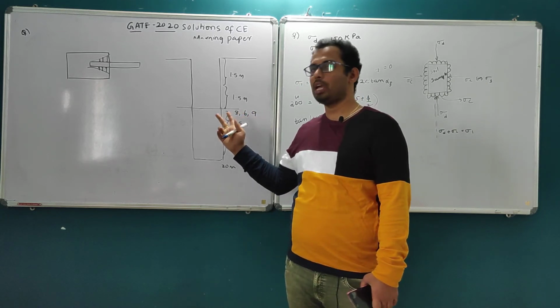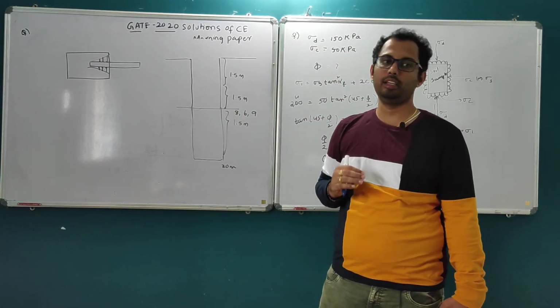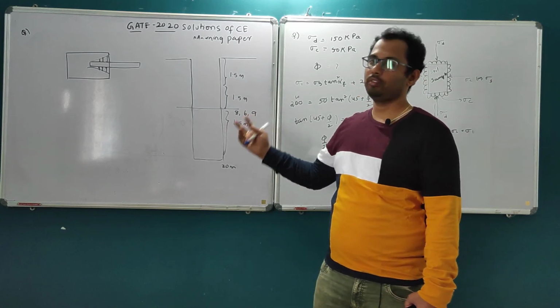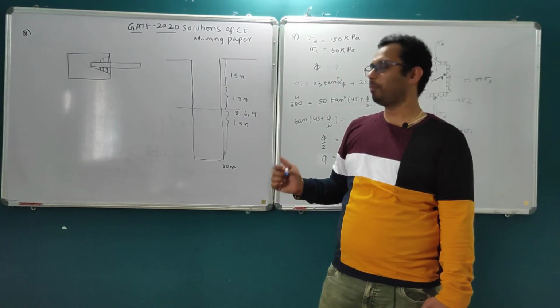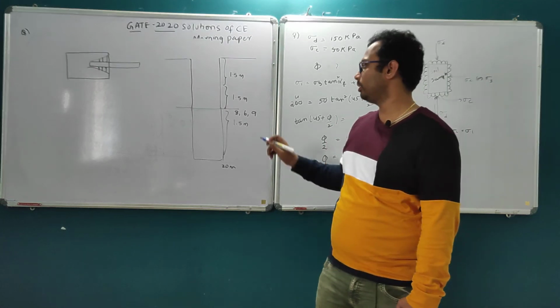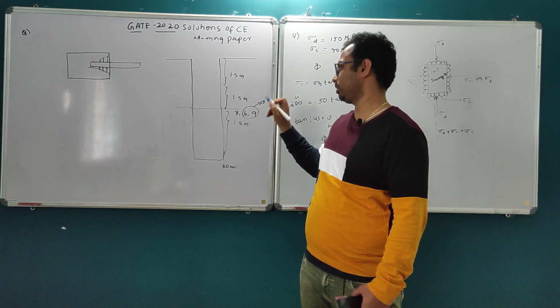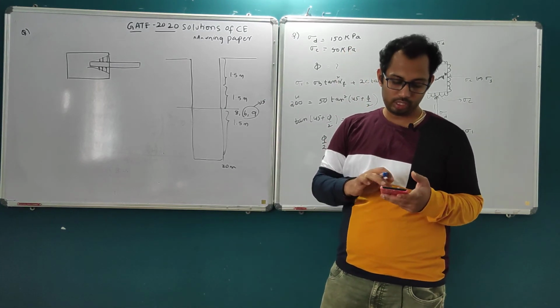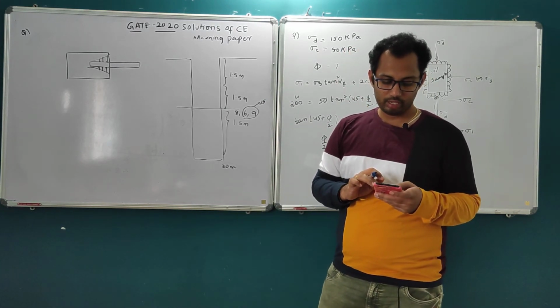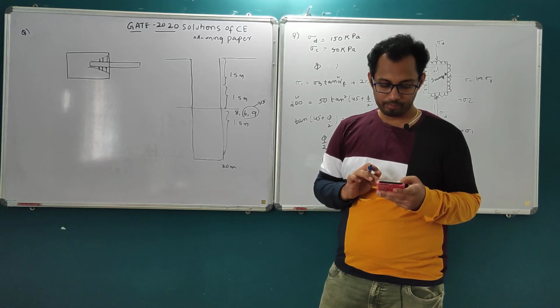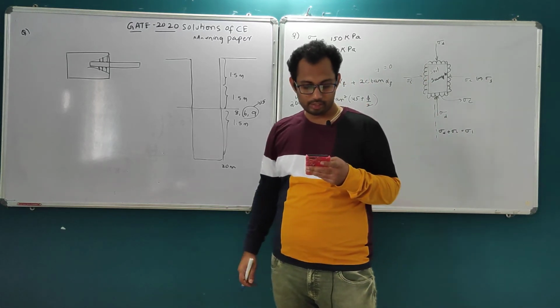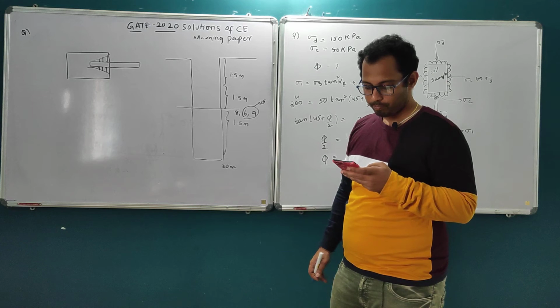The first 150 mm data we neglect, so we take the rest of the 2 data. So 9 plus 6, that is 15, is the standard penetration test number of blows using the SPT experiment. Okay.